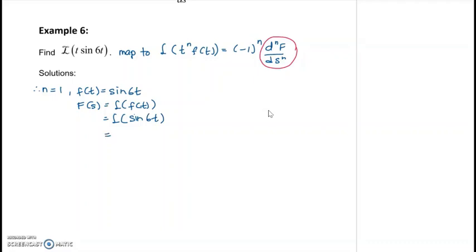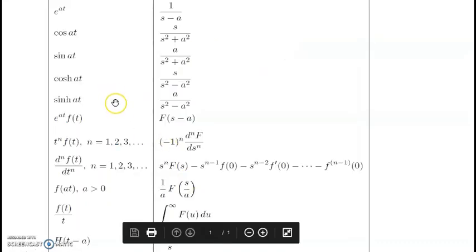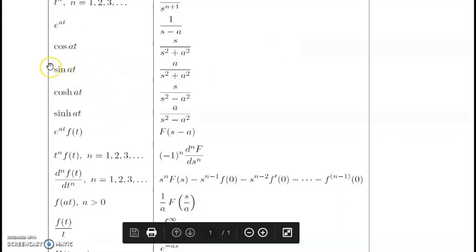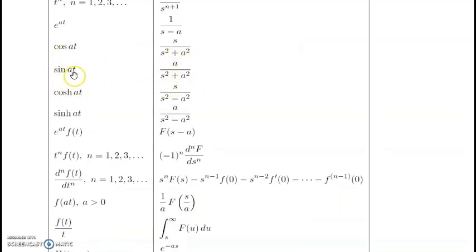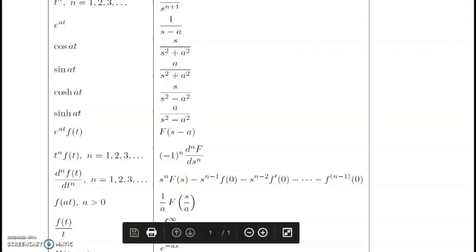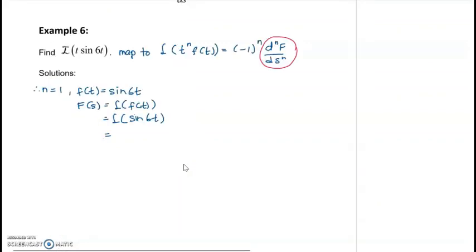Based on the table, the Laplace of sine at is given by a over s squared plus a squared. Since we have sine 6t here, the answer would be 6 over s squared plus 6 squared, which is 36. So this is our F(s). If n equals 1, then we are looking for dF/ds.